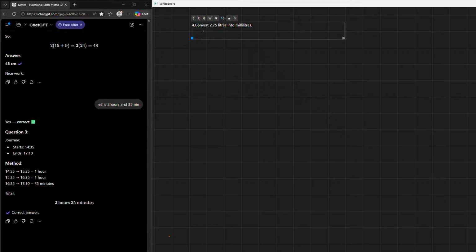Okay, so this is question 4, exercise 4. Our question here is to convert liters into milliliters. So we have 2.75 liters into ml. We know 1,000 milliliters is 1 liter.